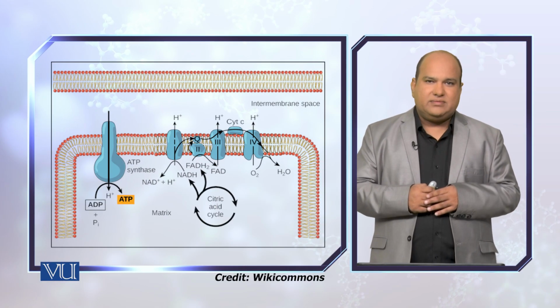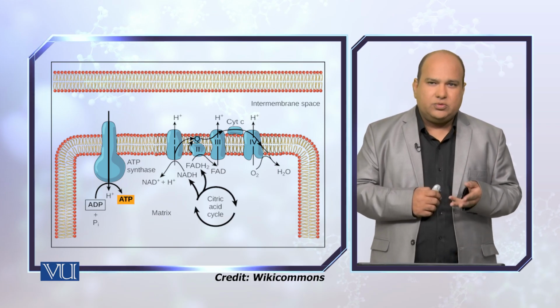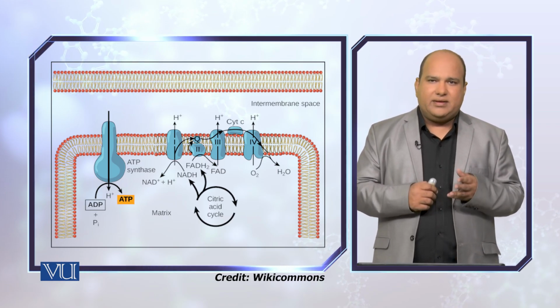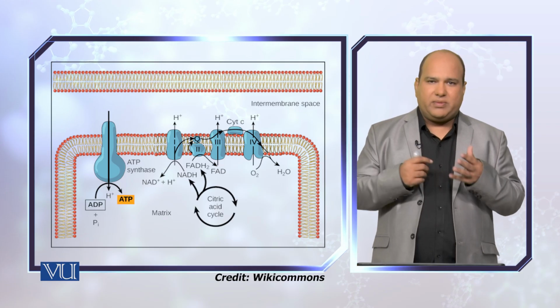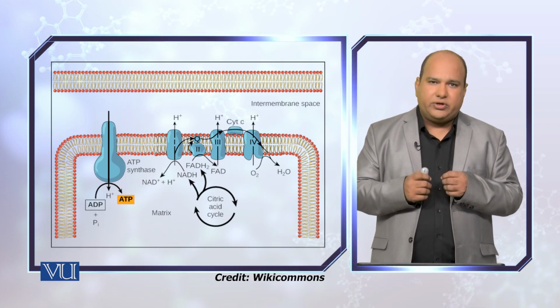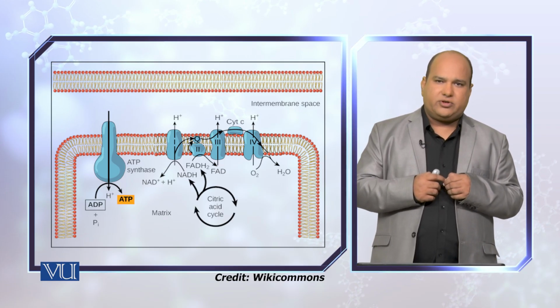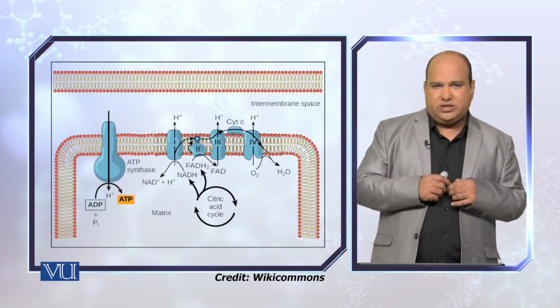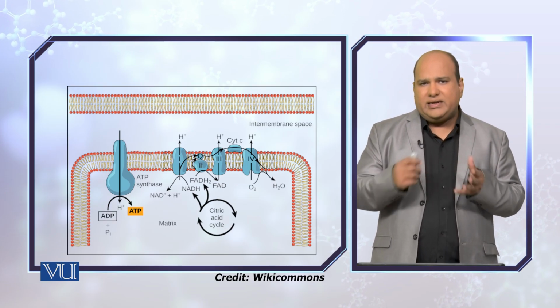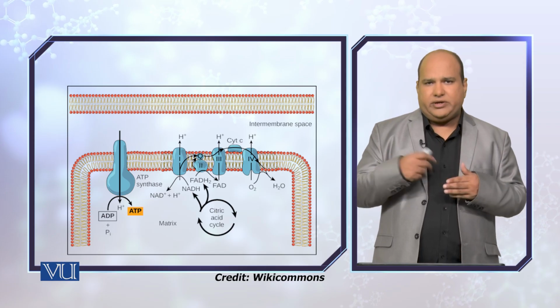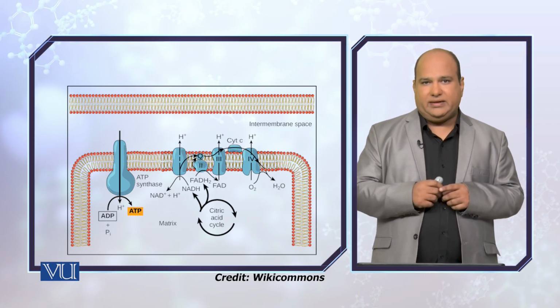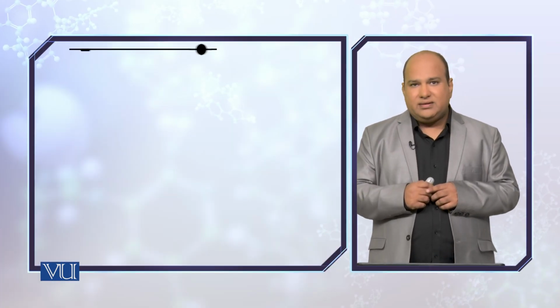As I have already told you, the structural aspects of the mitochondria play a very important role in the process of the electron transport chain and oxidative phosphorylation, and you will be learning about it in more detail in coming topics. What will we learn in coming days?